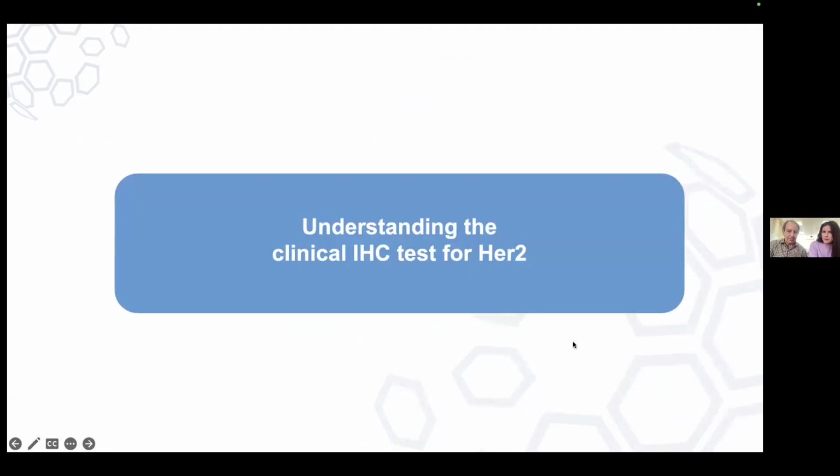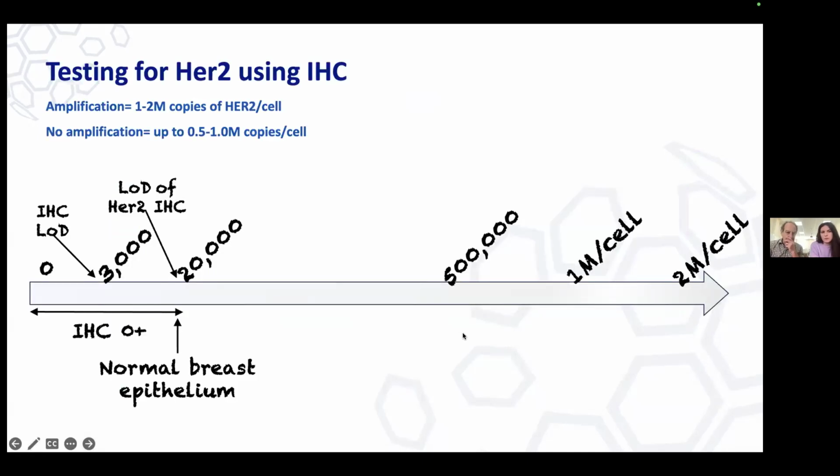A few slides to understand what it is that we are looking at on the slides. There is a difference between the clinical IHC test for HER2 and the concept of whether there is HER2 on the cells or not, because it's not the same. It is accepted that at the moment, for membrane staining, the limit of detection, LOD, for immunohistochemistry is around 3,000 copies per cell.